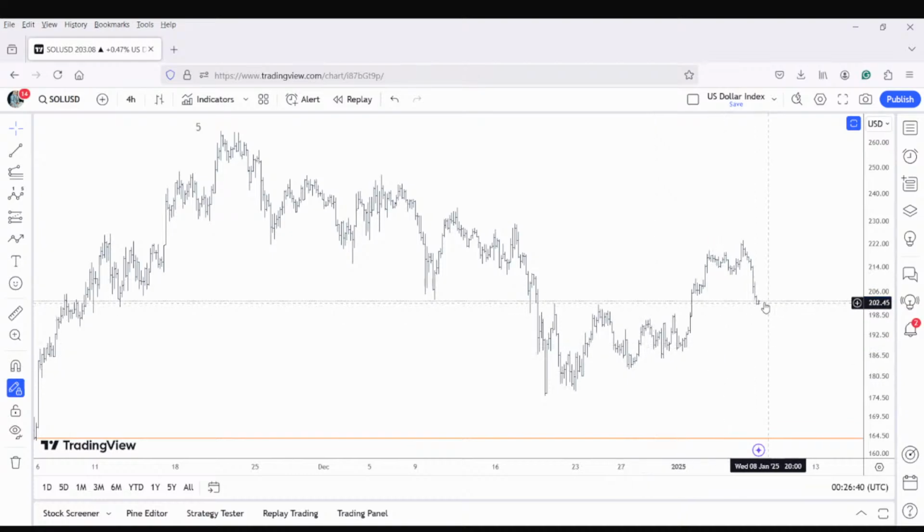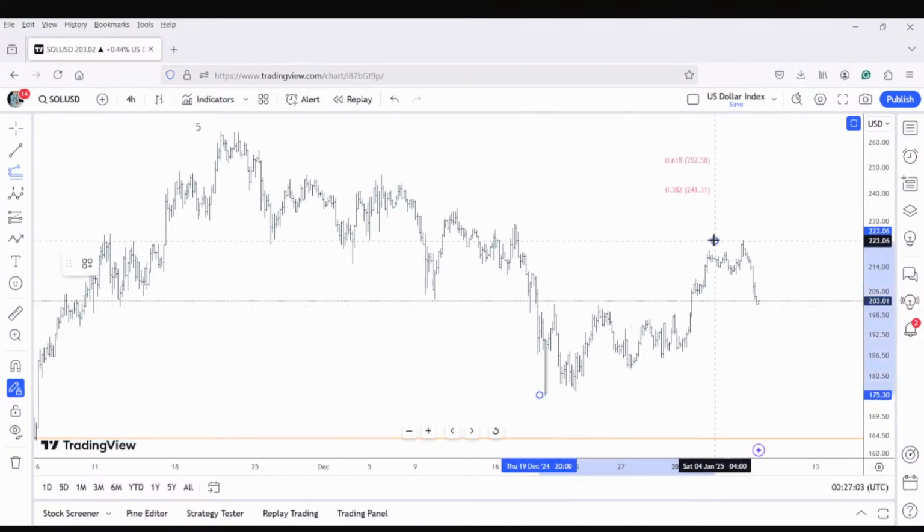So if you are looking for a long call, your stop loss has to go below that 175 mark. Or even tighter, you can keep it around 188. All right, and then let it run higher.